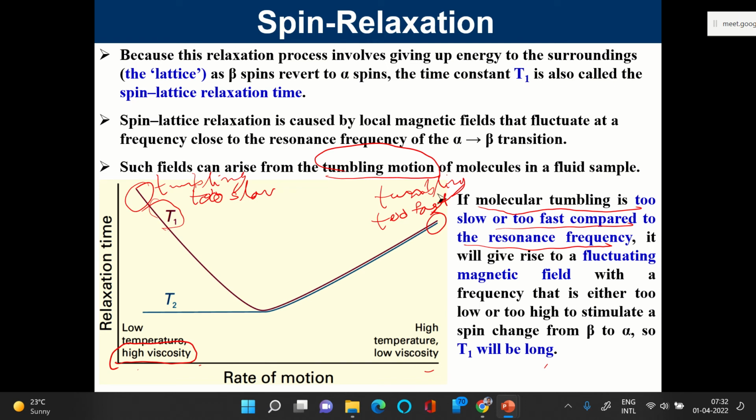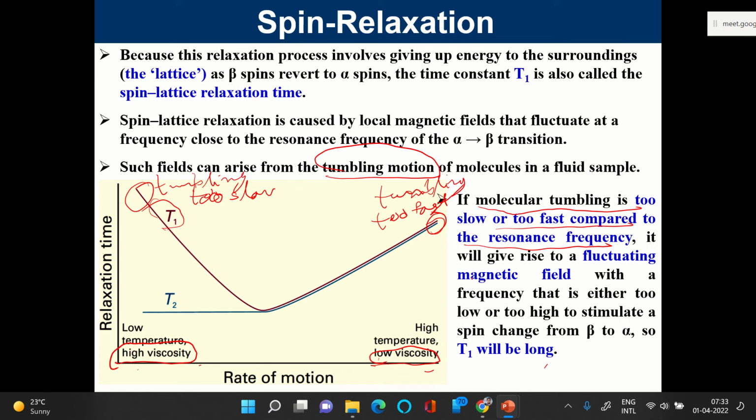Or if it is tumbling too fast, with very low viscosity, then also it may happen that the relaxation time will be too high. So relaxation time is high in both these cases. High viscosity of the solvent or low viscosity, in both cases T1 is high.